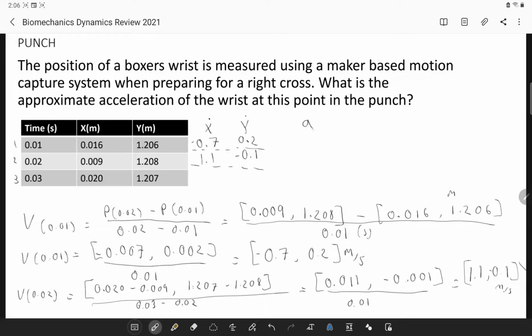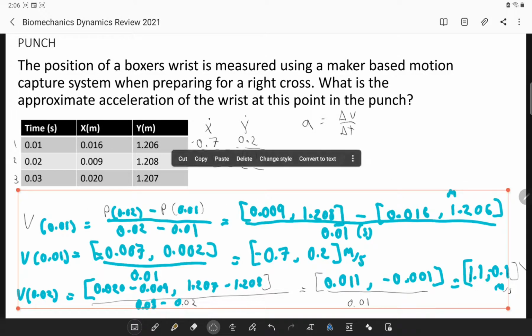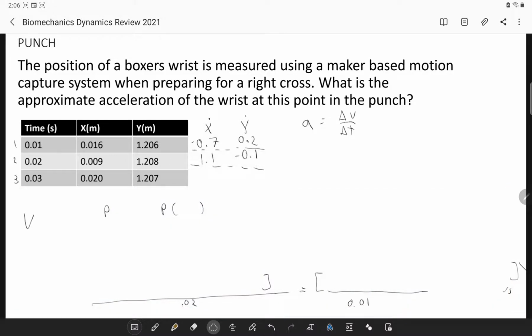And then now to get the acceleration, again, we're going to do the same thing. We're going to do delta v over delta t. It's going to look a lot like what we have here at the bottom. So I'm just going to get rid of all that. Delete. Didn't quite get all of it. And you can always pause and rewind if you want to look at that again.